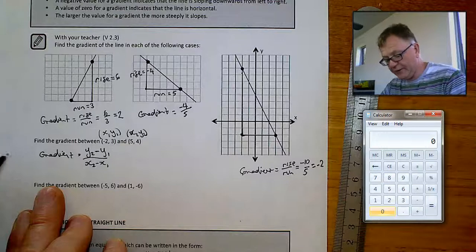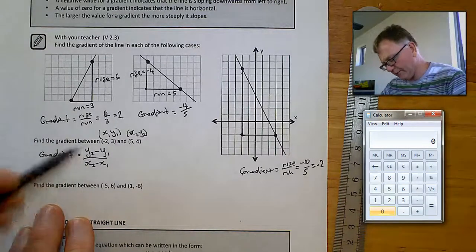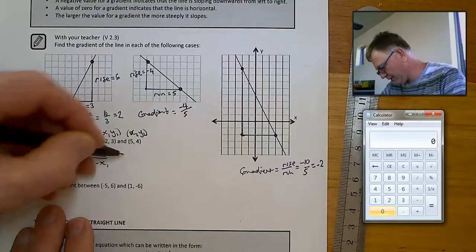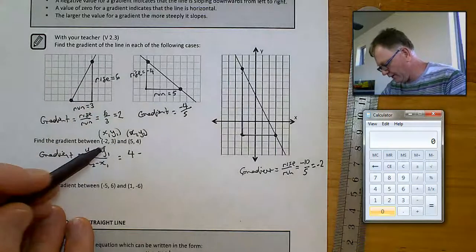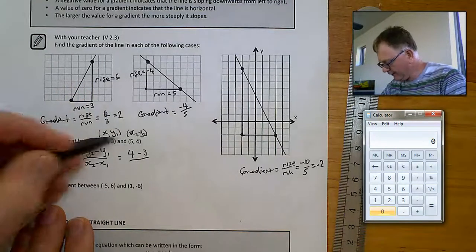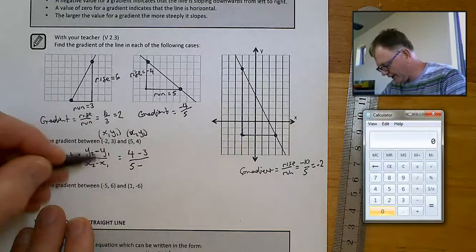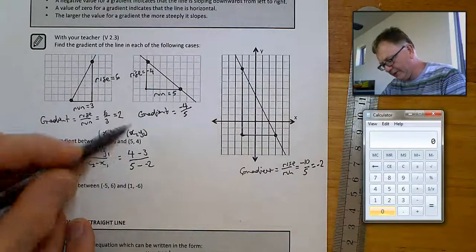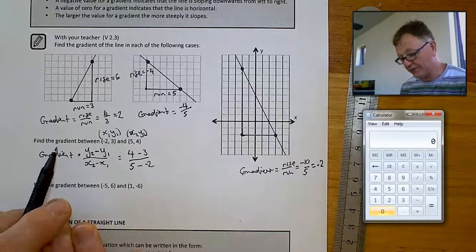So it's not a bad idea when you're doing these questions to actually write this in above your point, because then all you have to do is say y2 is that number 4. So this is going to equal 4 minus y1 was 3 over x2 is 5 minus x1 was negative 2. So I'm just getting these points and popping them into the equation instead of x and y.